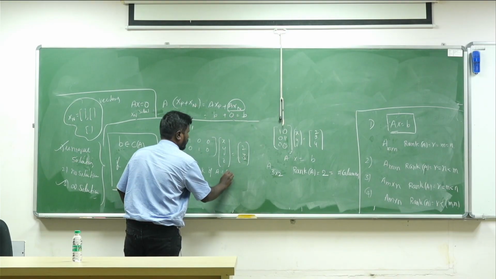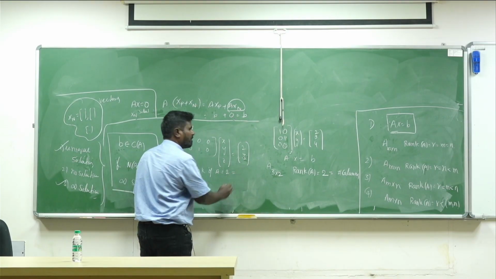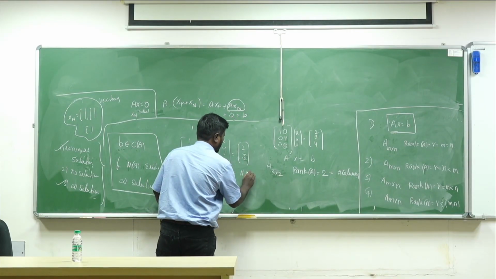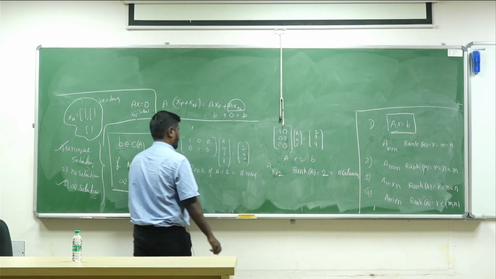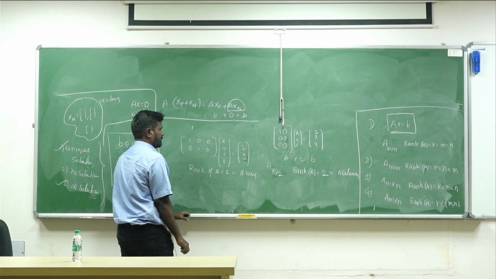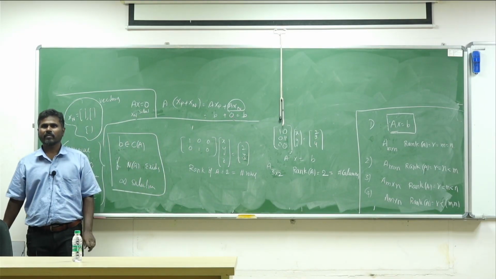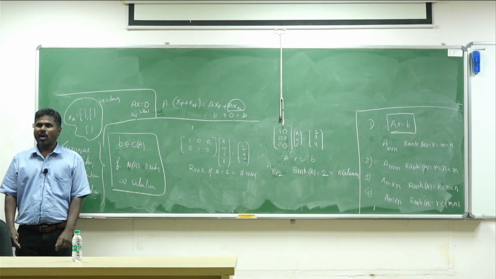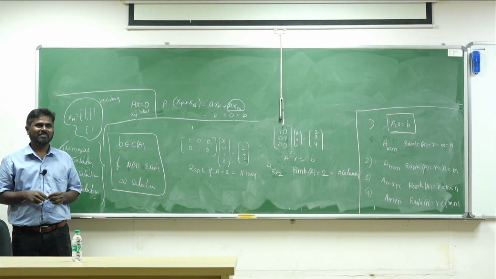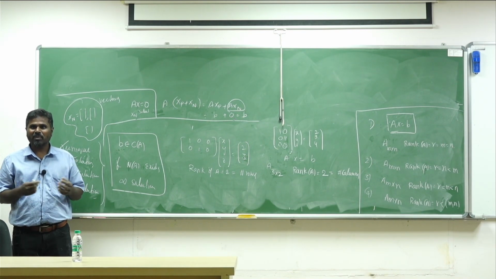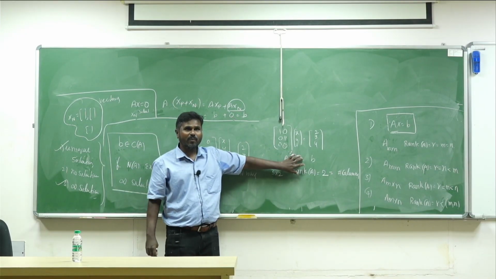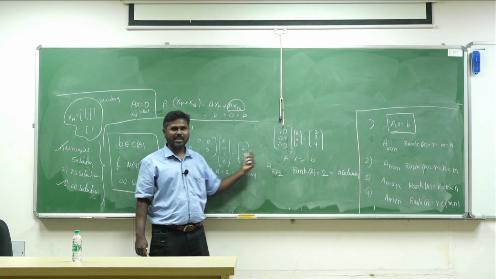The rank of A is 2, which is equivalent to the number of rows. This is one case. Often this case you find in medical imaging problems. This is called the over-determined system, and this is the under-determined system.